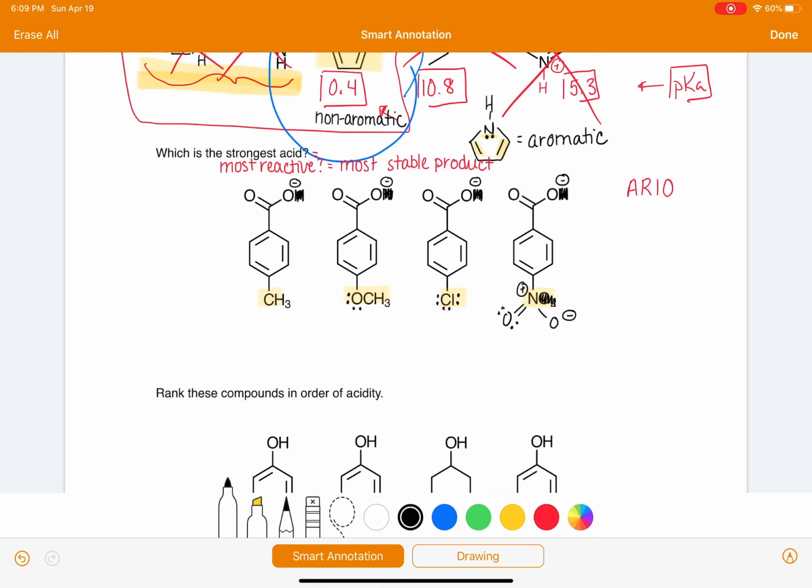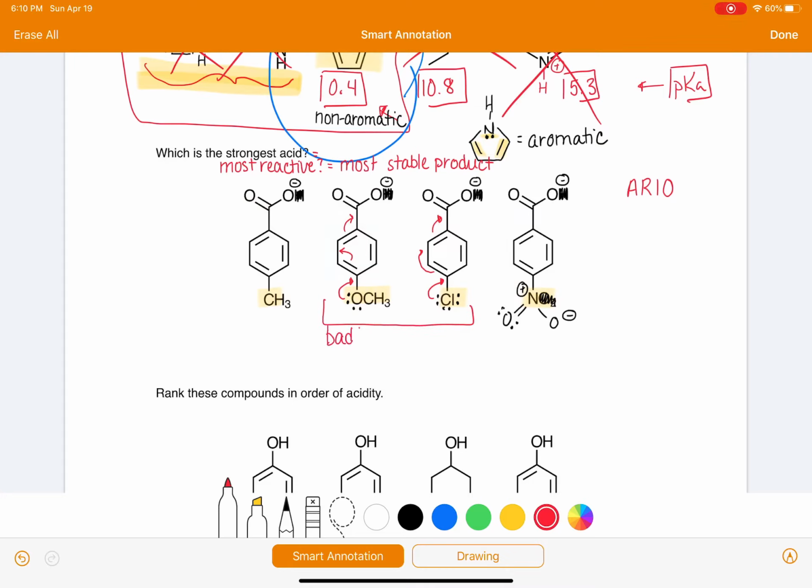And one of the things that we talked about was, for example, if you had a lone pair of electrons on the atom that was directly attached to the ring, those lone pairs of electrons could move electron density into the ring. And moving electron density into this particular ring allows us to move electron density up and towards the COO minus group, which in this particular situation is bad.